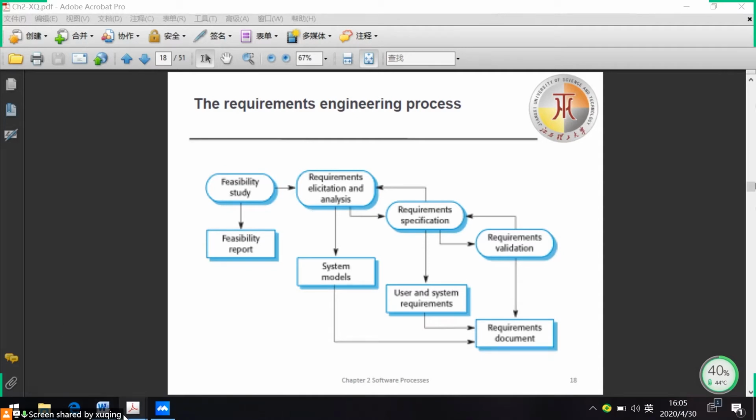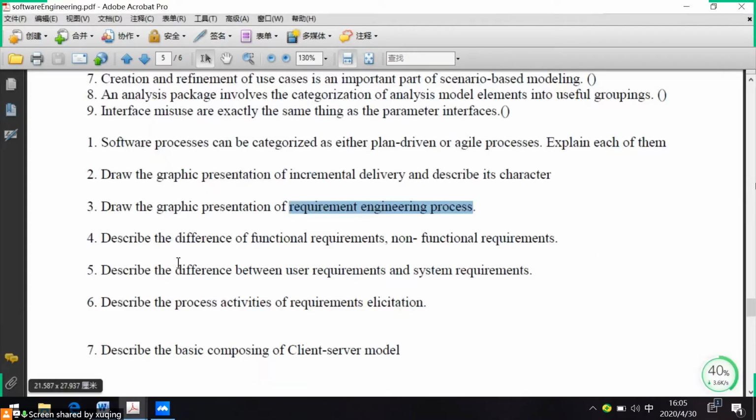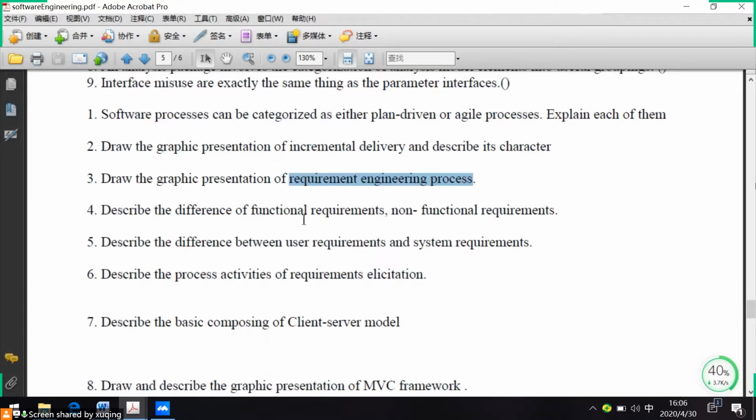Okay, and then for the next one, describe the difference between functional requirements and non-functional requirements. These exercises we had in our homework, so we'll pass over it quickly.